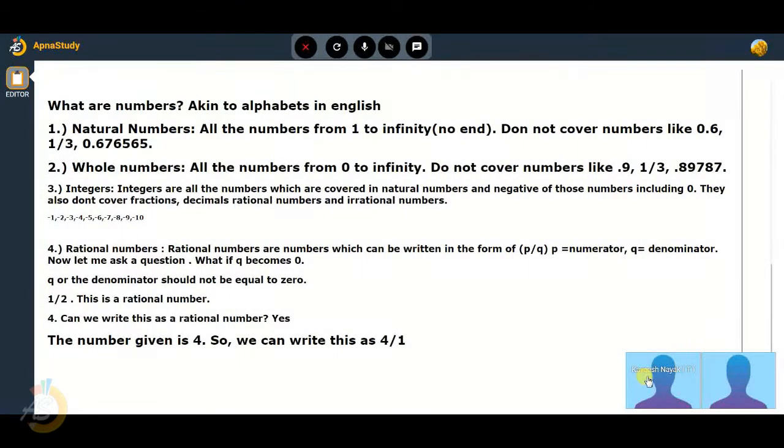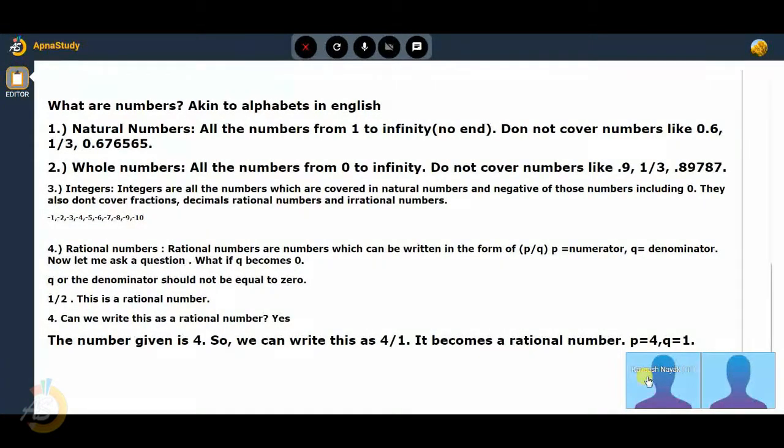So if I change 4 to 4 upon 1, it becomes a rational number, because now P is equal to 4 and Q is equal to 1. I hope you got it. Yeah, absolutely. Thank you.